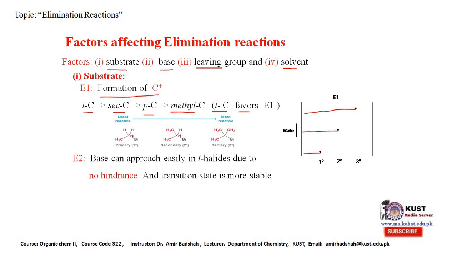The second one is E2. What are the factors which favor E2? Mostly the E2 reaction takes place in one step. It means the abstraction by the base and the leaving of the leaving group take place simultaneously.